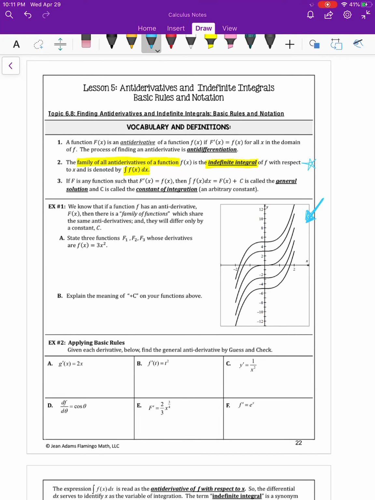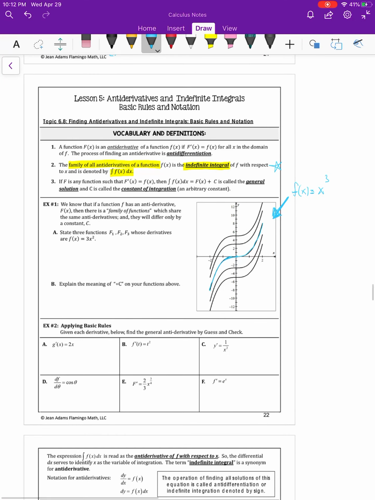Looking at this graph, before we start example number 1, this is all kinds of vertical translations of f of x equals x cubed. This one right here is just x cubed because it goes through the y-axis at 0, so it wouldn't have a plus 0 there.